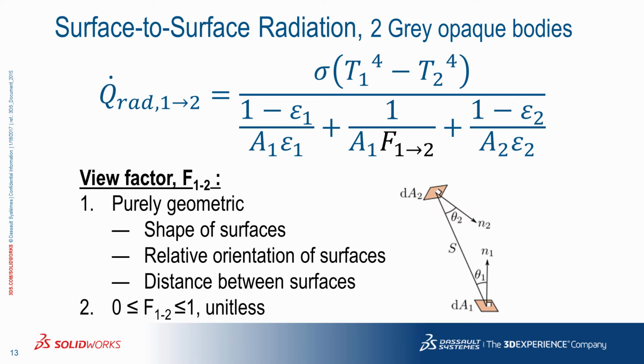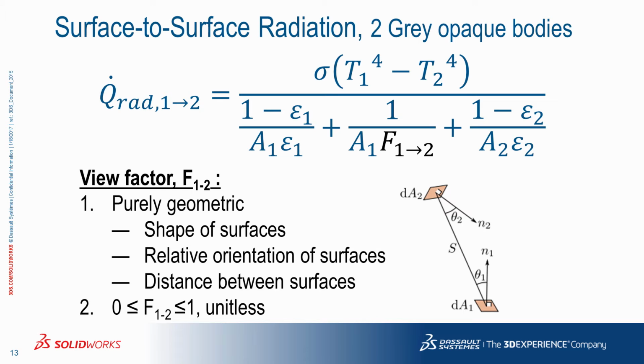So it depends on the shape of the surfaces, the relative orientation of the surfaces, and the distance between those. It also can describe a convex and a concave condition, where in a concave condition you can have a body radiating to itself. And again, the view factor is a unitless value that varies between 0 and 1.